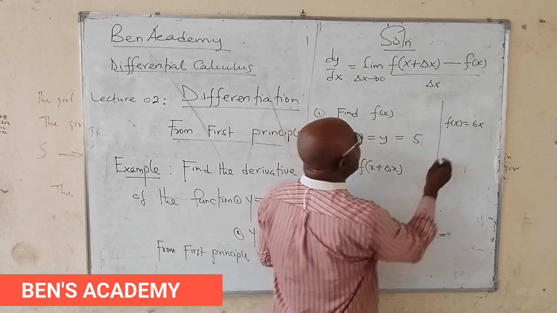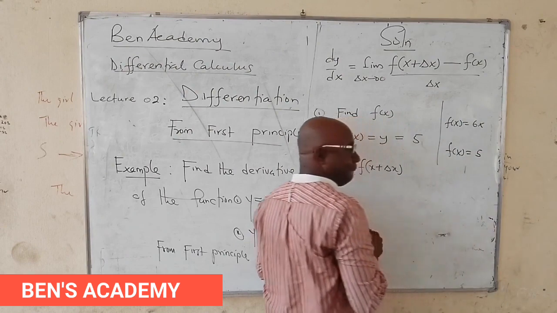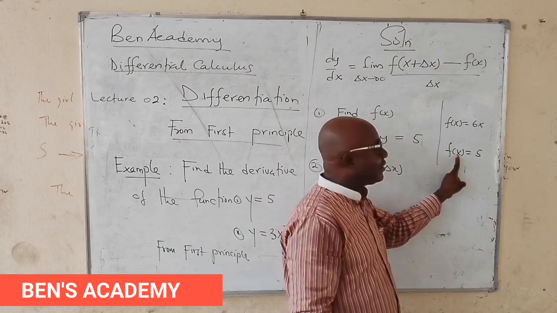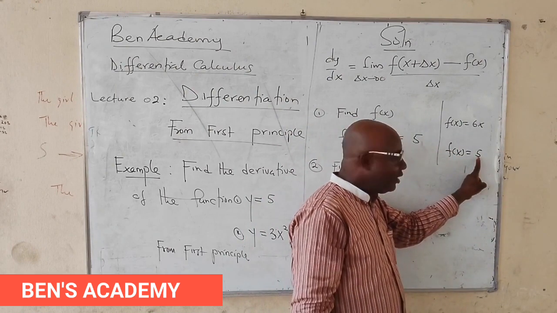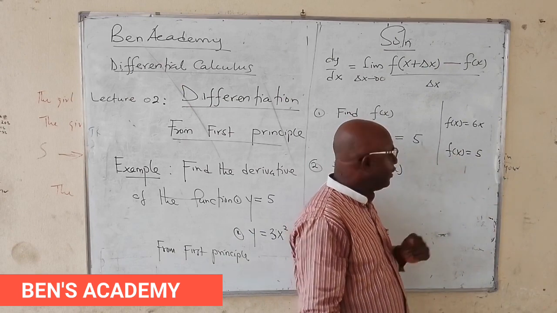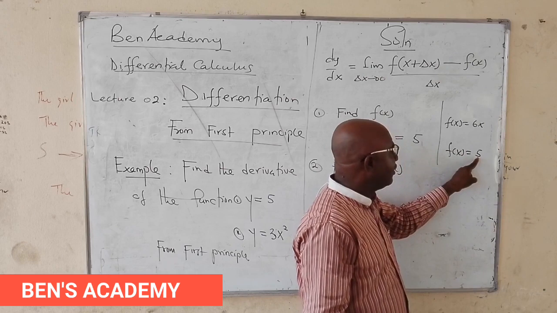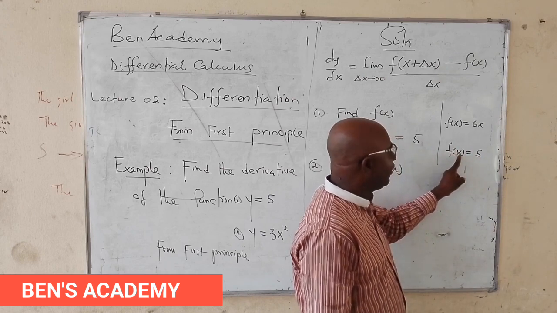But for a constant function, if I have f of x equal to 5, any value I substitute in place of x will definitely give me that same constant. Any value I put in place of x will give me 5. If I put 5 here and if I put 6 here, the answer will be 5. If I put minus 2 here, the answer will be 5. If I put half here, it will be 5.